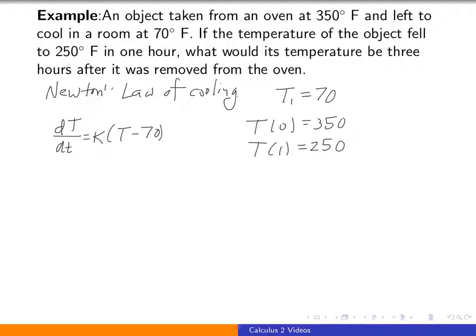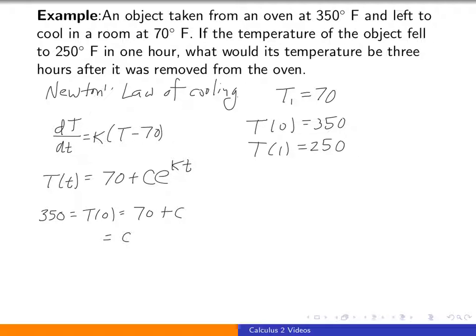From our previous slide, we saw that the formula for big T is going to be the surrounding temperature, 70, plus a constant times e to the kt. Then we need to use our two pieces of data to solve for c and k, and then we can answer the question that's been asked. So 350 is equal to T of 0, which is 70 plus c.